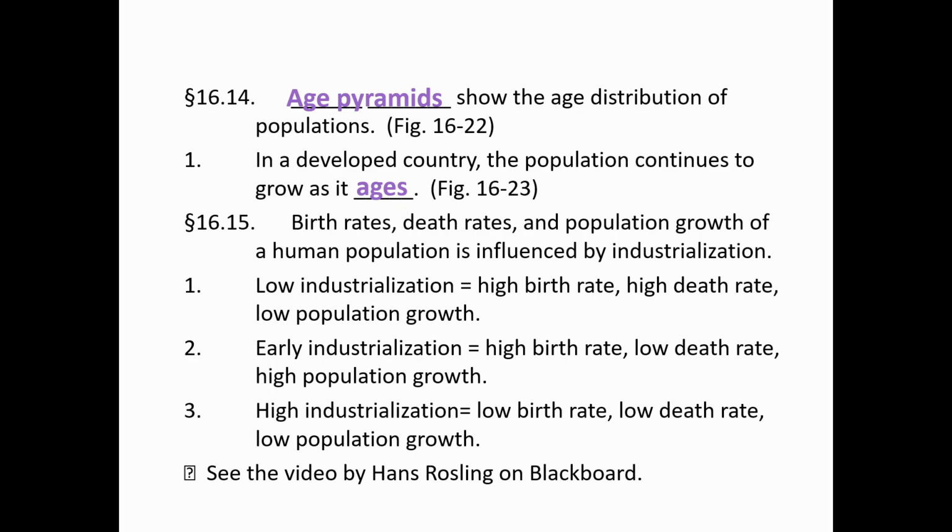Then once we've reached high industrialization, we have major progress in economic growth. We have better access to healthcare, but we also have better access to education, including things like sex education. And so we see that the birth rate starts to drop. The death rate is also dropped. And because both the birth and death rates are low, the population growth is now low again.